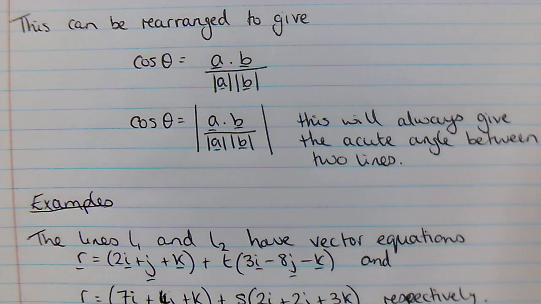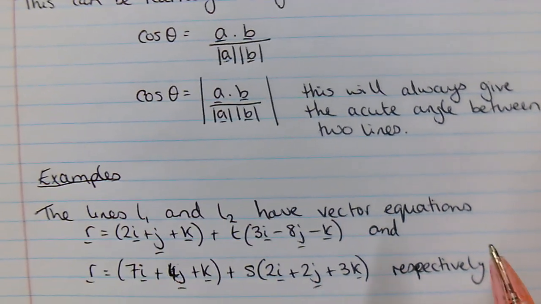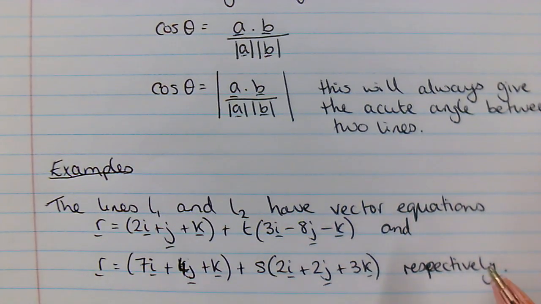Okay, and then we're told that given that line 1 and line 2 intersect, find the size of the acute angle between the lines.